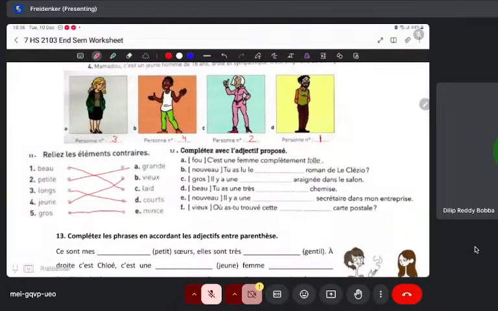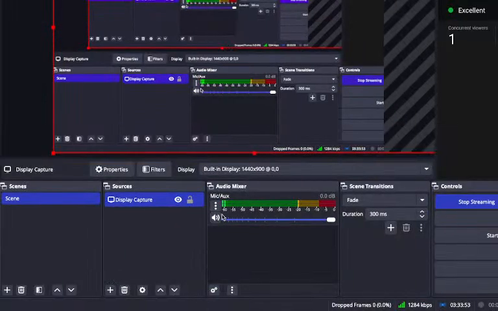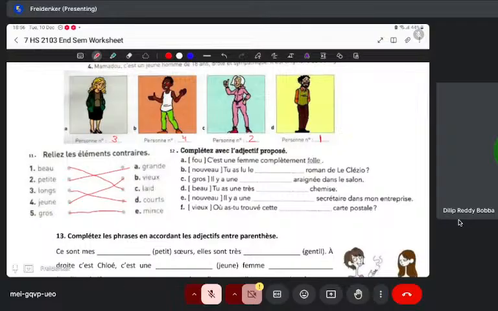Compléter avec l'adjectif proposé. Okay, 1 minute. Okay, anyways, compléter avec l'adjectif proposé.